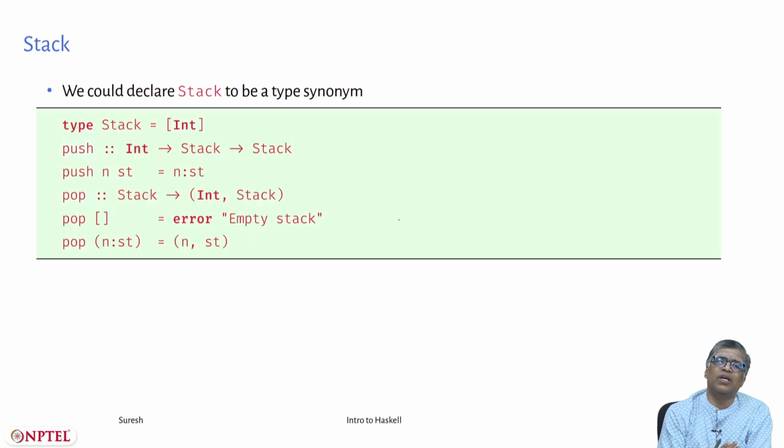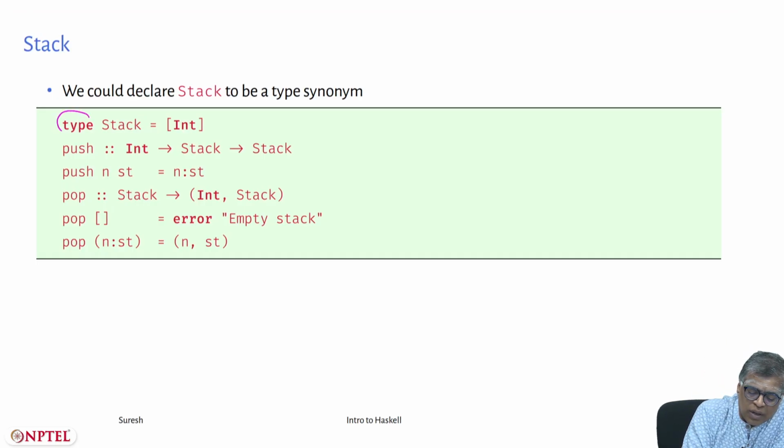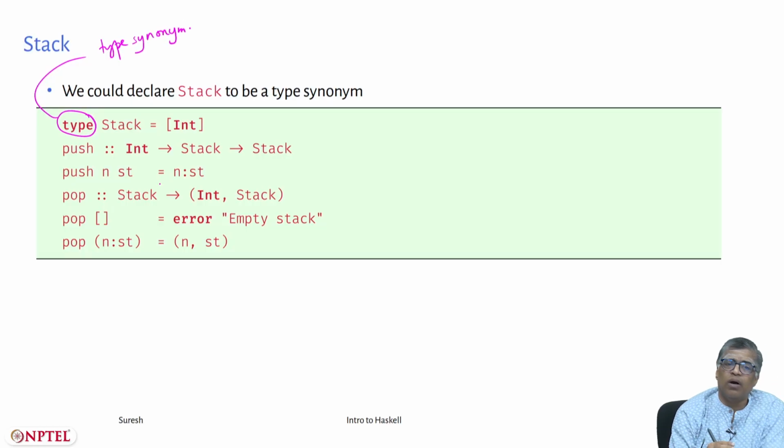So you can have a very easy implementation of stacks as follows. Stack is now a type synonym, recalling that type is used to give a new name to an existing type. List of Int is an existing type, so you can give a new name to it called Stack. And push is a method that, given an integer and a stack, will add the element to the stack.